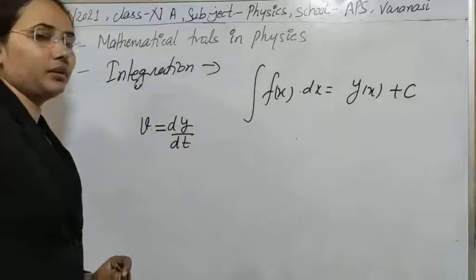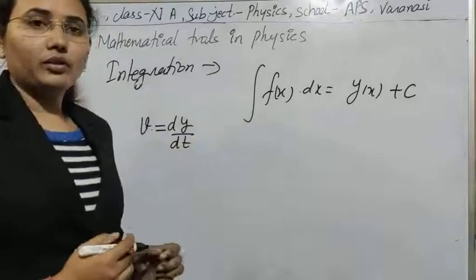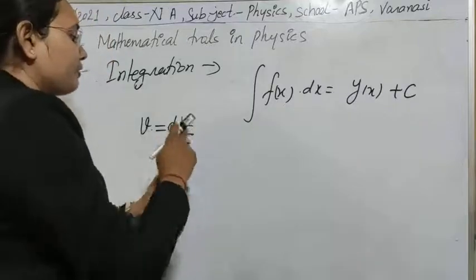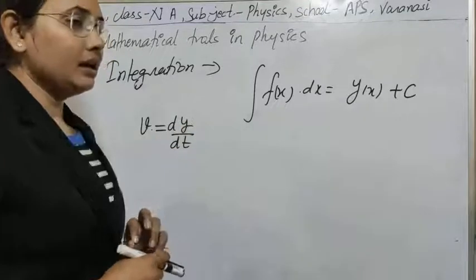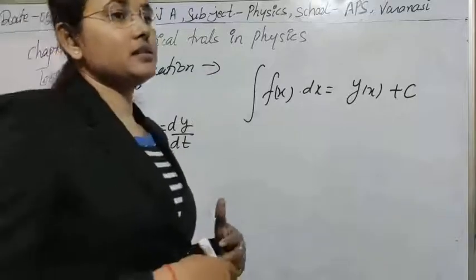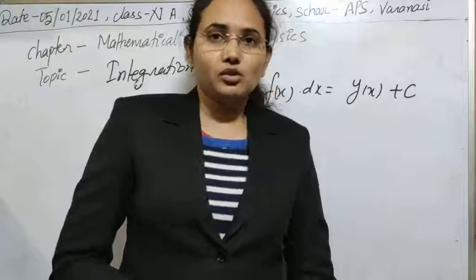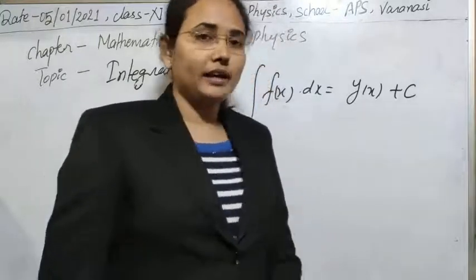With this formula you can find the value of y, meaning how to calculate the distance traveled by the particle with the help of this concept. So let's see how to find this.